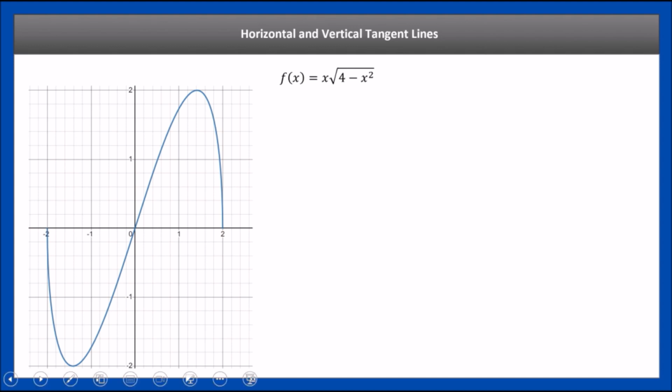In the case of this function, this is a pretty interesting function. We'll do the derivative of that in a later example. But for now, here's the graph and how it looks. Notice that if I were to look at this value here, and I were to do the tangent line, that would be completely flat there and here.